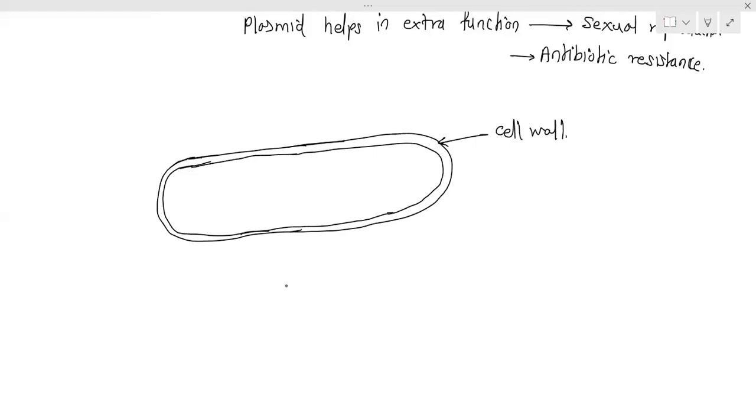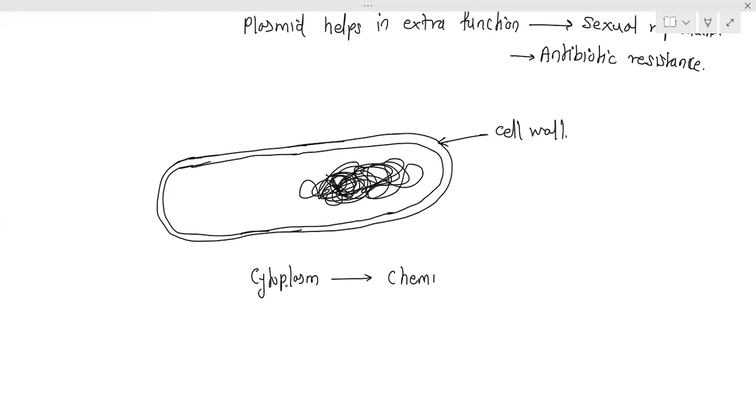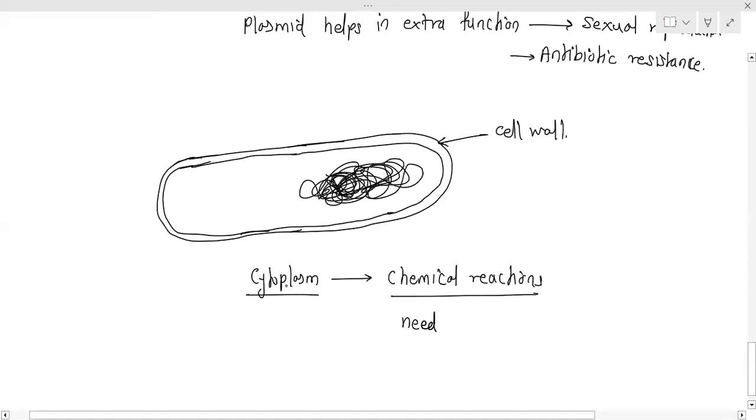So they need more space. All the chemical reactions are going on in the same place, in the cytoplasm. What all organisms do is nothing but chemical reactions, and those chemical reactions need space to complete.